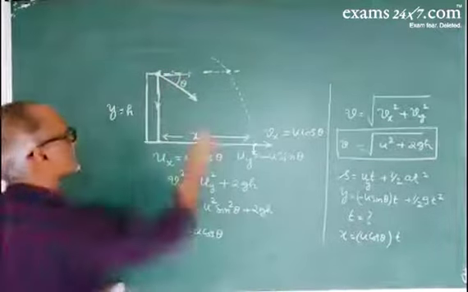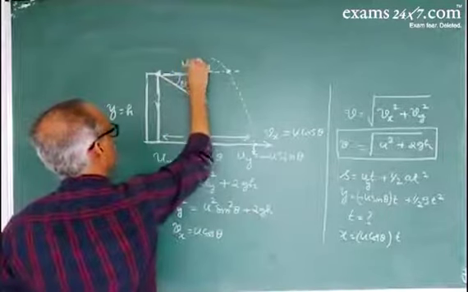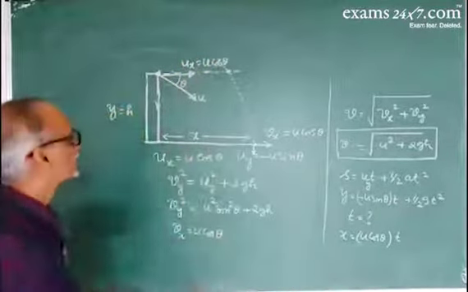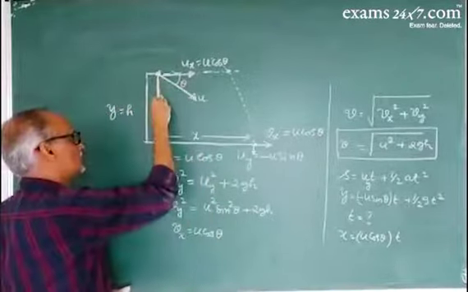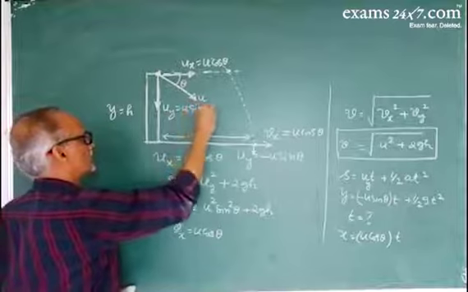In that case, if this is u, the horizontal component will be ux, which is u cos theta. And the vertical component will be downward, that is uy, which is equal to u sine theta.